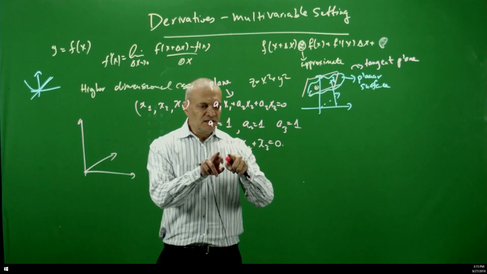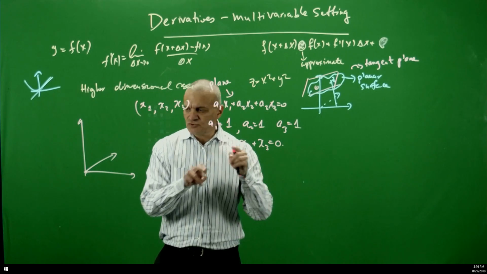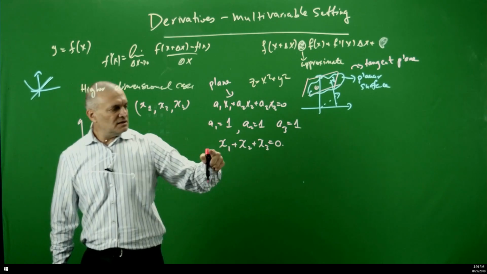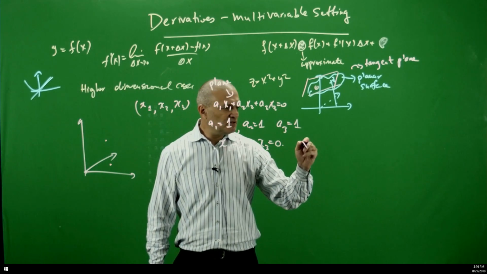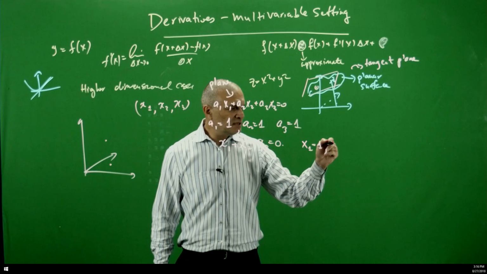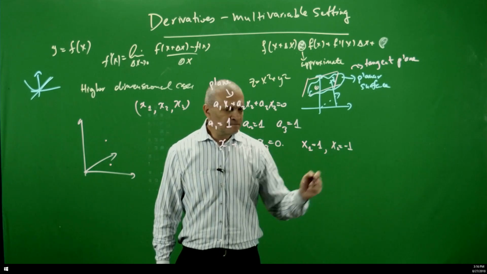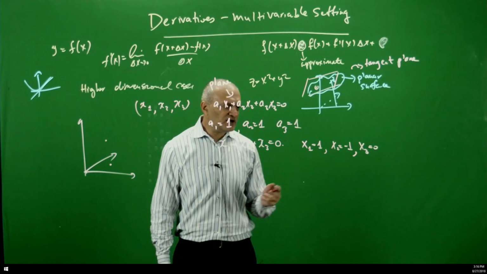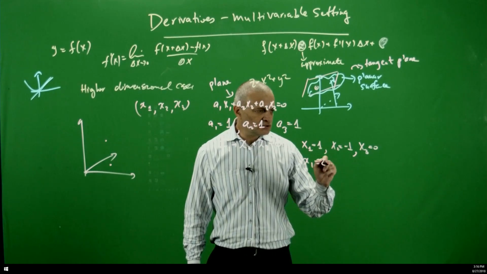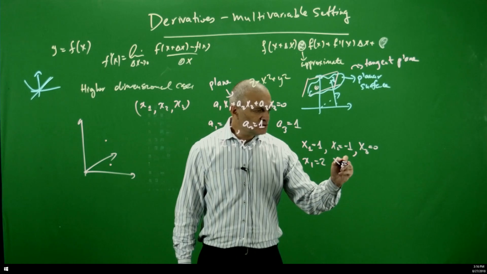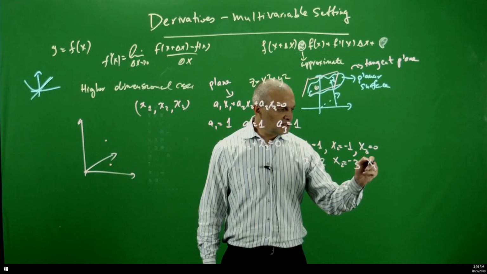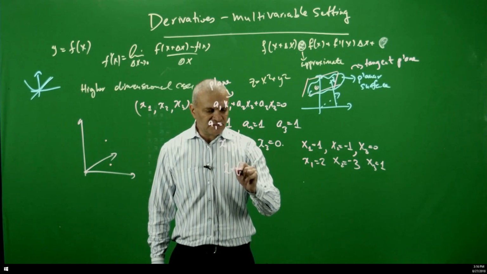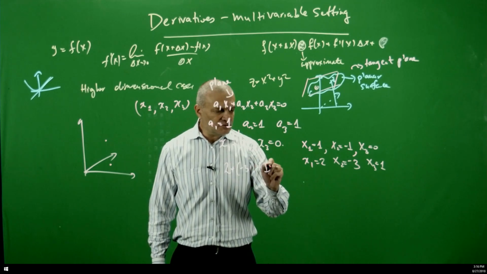If I fix x1, x2 somewhere here, then x3 is going to be the solution of this equation. For example, if I have a point x1 equals 1, x2 equals minus 1, and x3 equals 0, this will be a point of this equation. If I have, for example, x1 equals 2, x2 equals minus 3, and x3 equals 1, this is going to belong to this plane. Why? Because 2 plus minus 3 plus 1 equals 0.